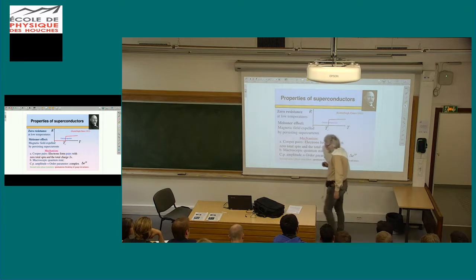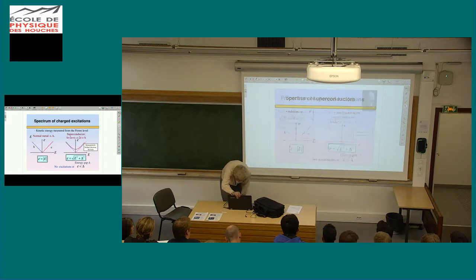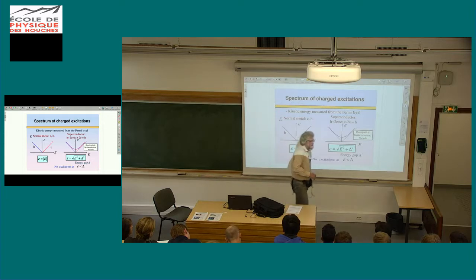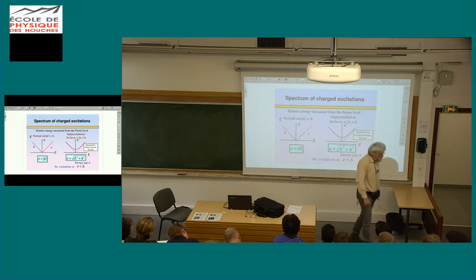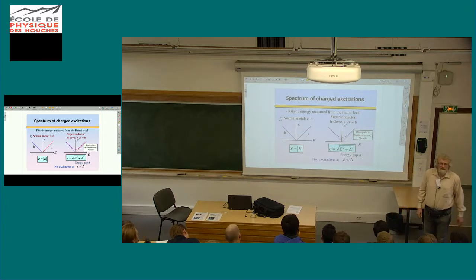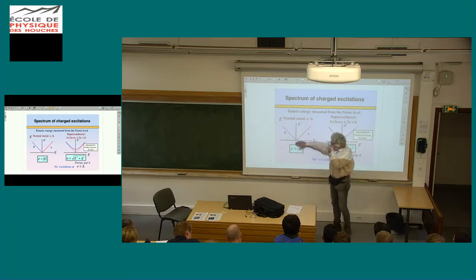Let's see what we can do with this. In order to start, I would like to concentrate a bit on the spectrum of charge excitations in superconductors. Okay, the simplest superconductor is a superconductor without superconductivity. It's a normal metal. So let's sort charge excitations in normal metal. Right. In this case, we count all excitations from Fermi energy, right?